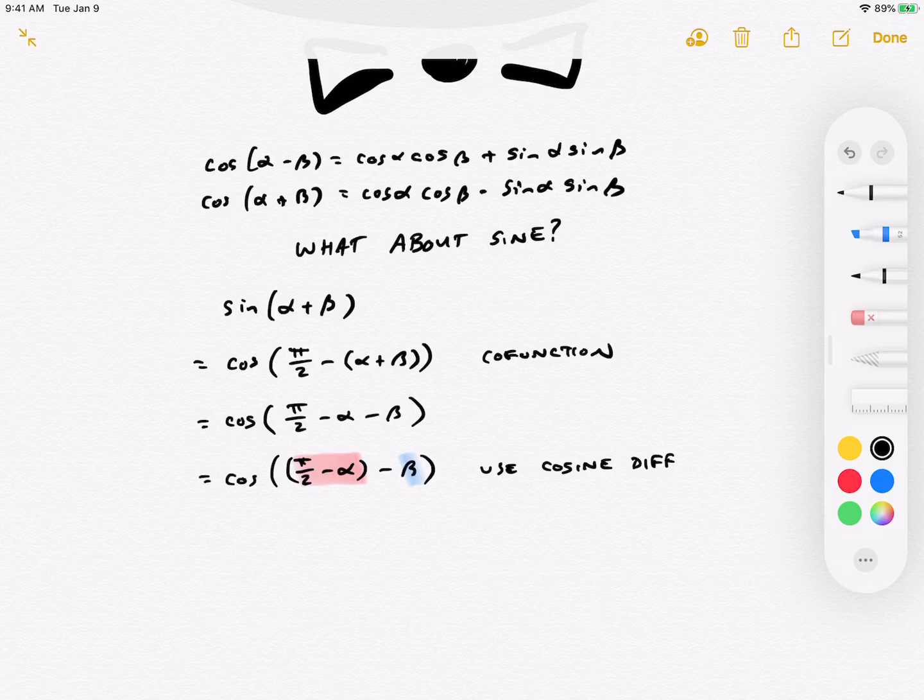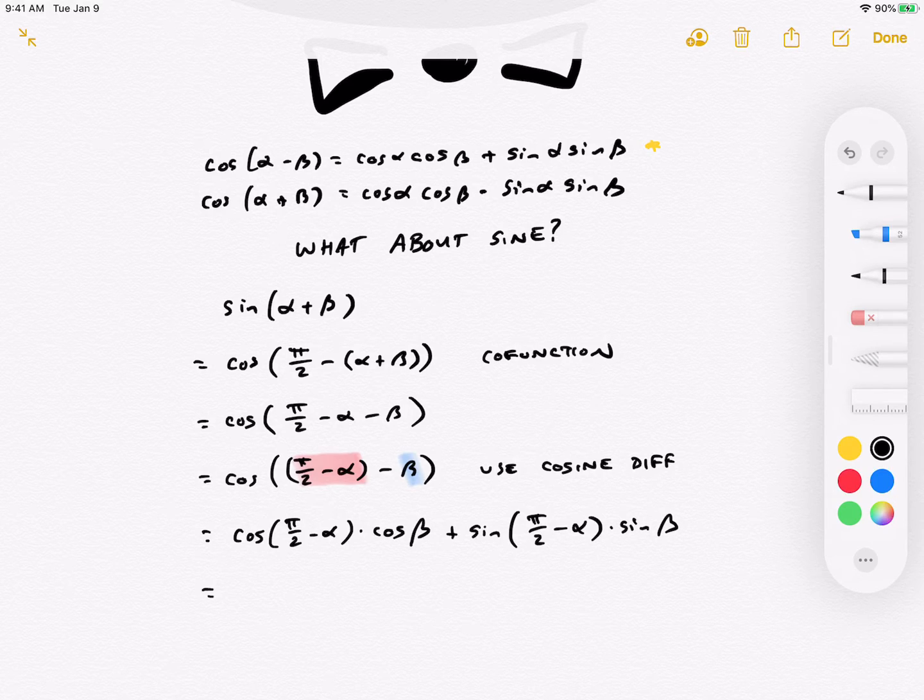The two angles that we're thinking about here are pi over 2 minus alpha, that's the first, and beta is the second. So I'll just follow the prescription outlined above, and I will get cosine of the first angle, pi over 2 minus alpha, times cosine of the second angle, plus sine of the first angle times sine of the second.